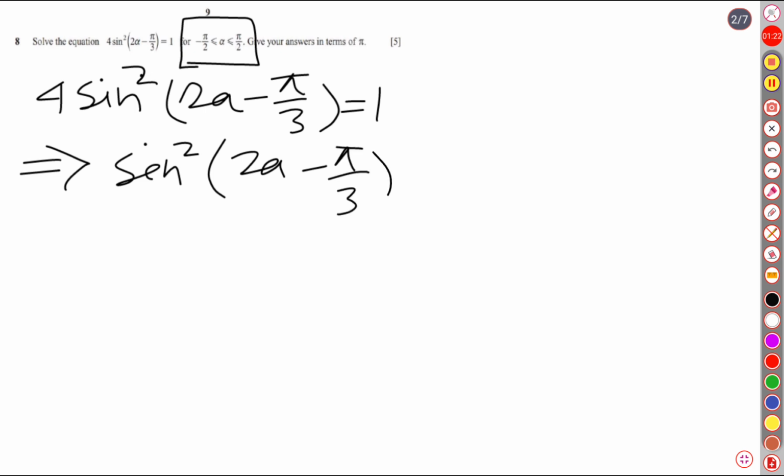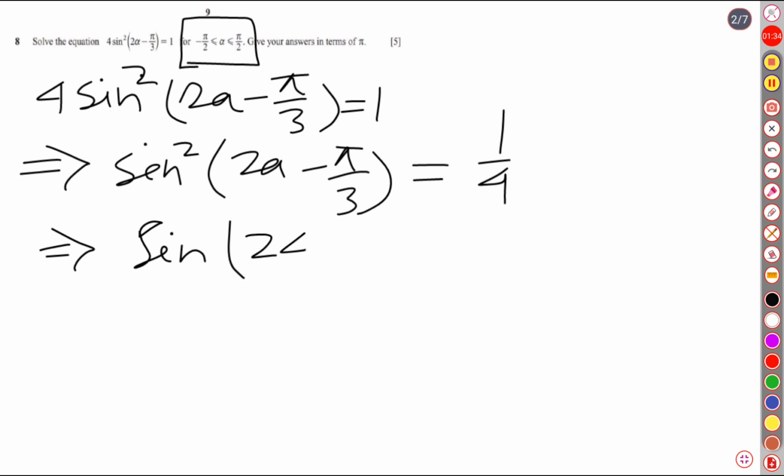If we transpose this 4 to the other side, it's going to be 1 over 4. And as this is sine square, we will simplify it: if the square is transposed to the other side, it is going to be a square root, and the square root of 4 is 2, so it is going to be actually positive negative half. All of you know it, algebraic manipulation.